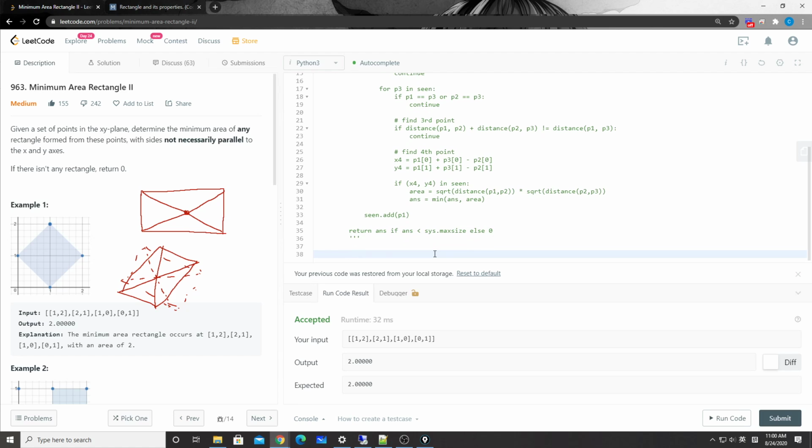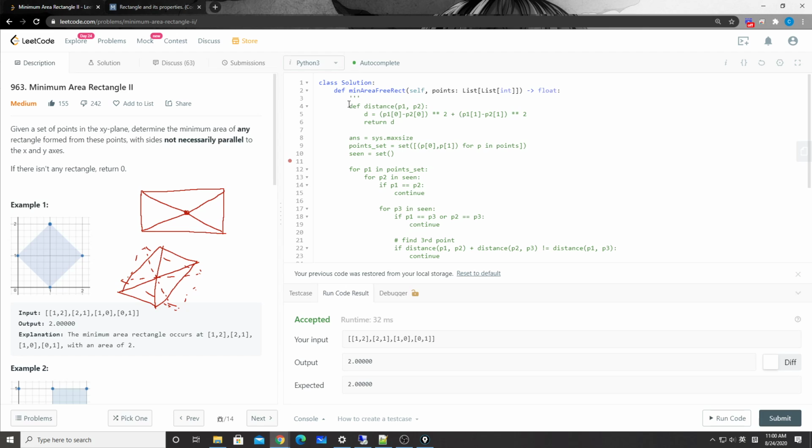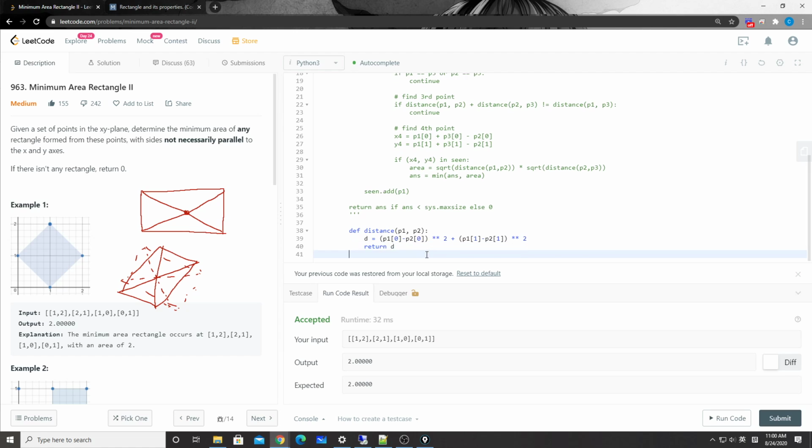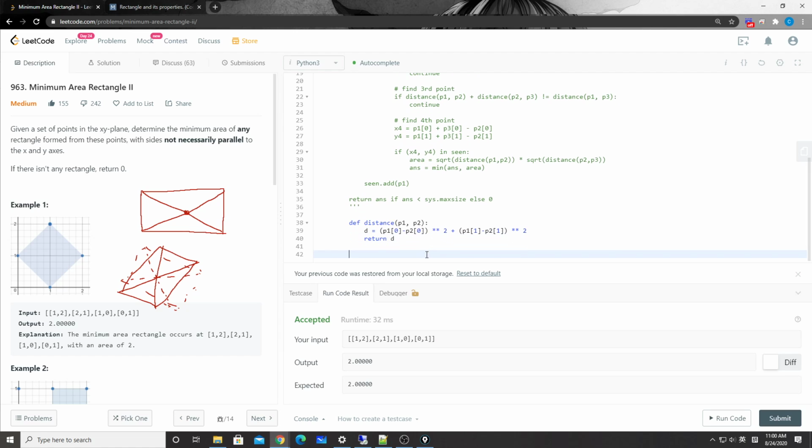So let's try that. Basically we need this distance to help us define the distance, and then we need a diagonals default dictionary, with a list. Why am I using a list here?